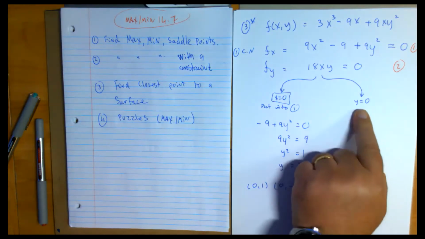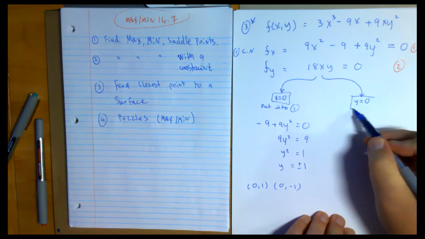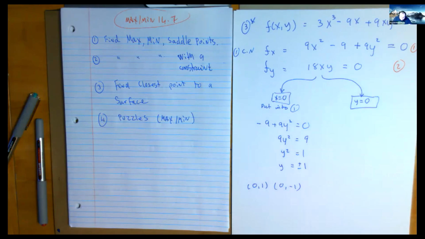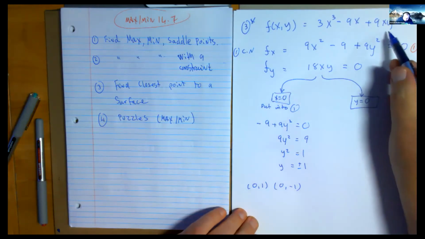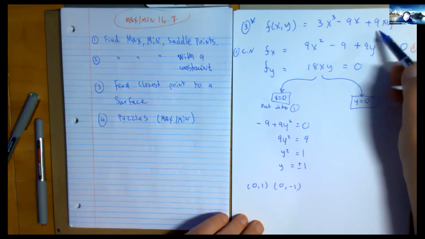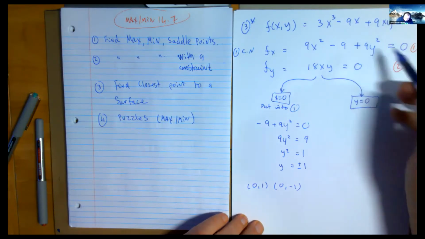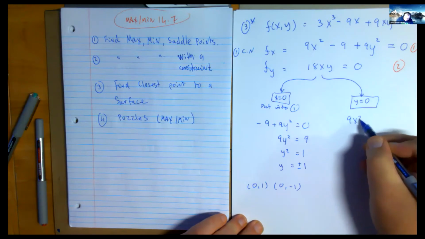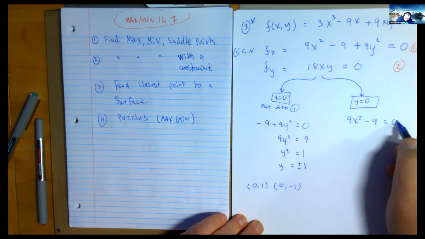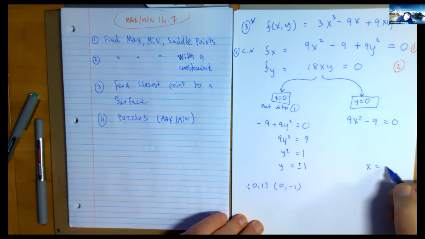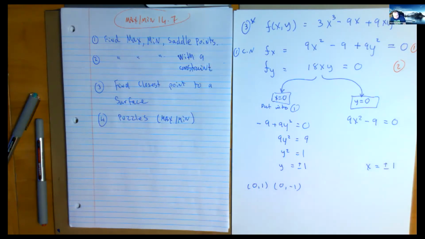Right, let's go to this fella. If you make y equals 0 here, you get 9x squared take away 9 equals 0. Can I just cut to the chase? Would you agree that you end up with x being plus or minus 1?